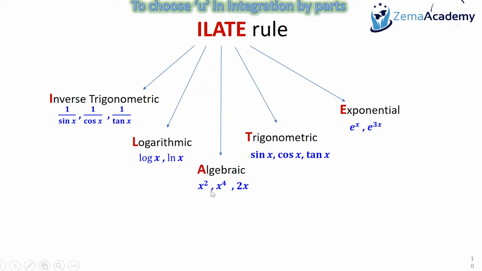Hence x is u and dv is the trigonometric function. Then I gave you the example x square e to the power x. Here the exponential function lies at the far right and algebraic towards the left. So u is taken to be the algebraic function and dv is taken to be the exponential function.